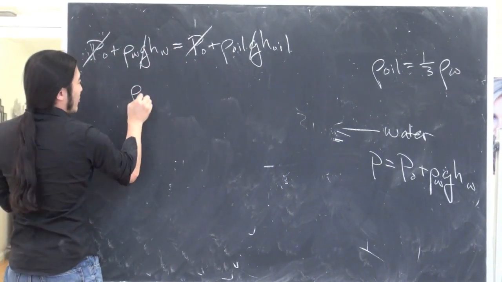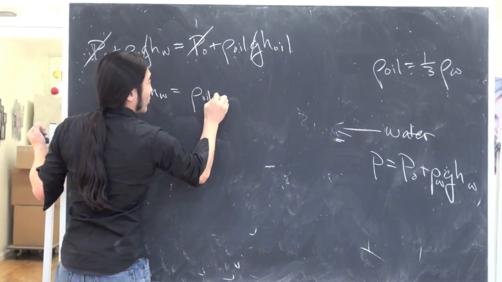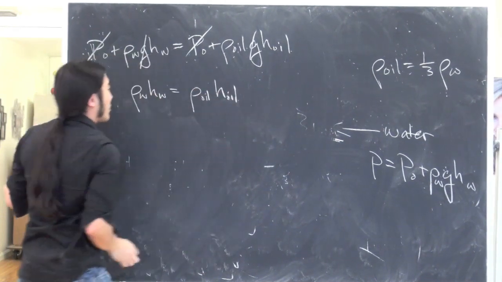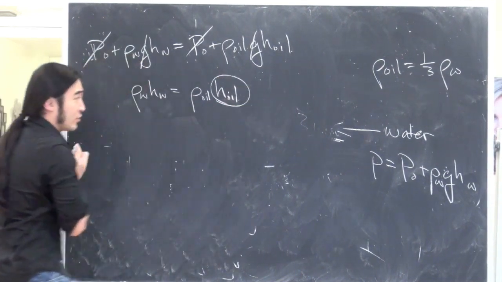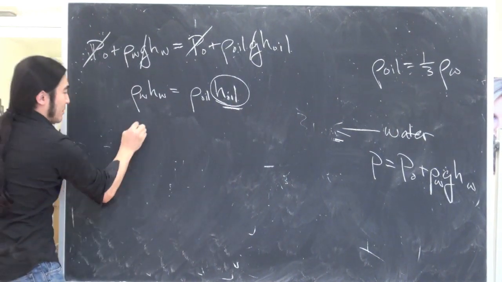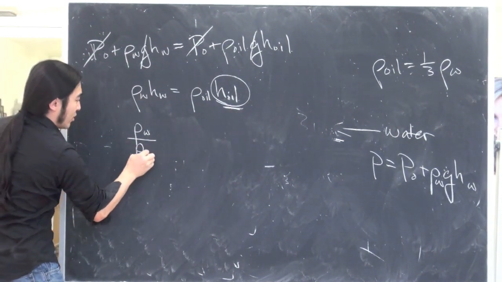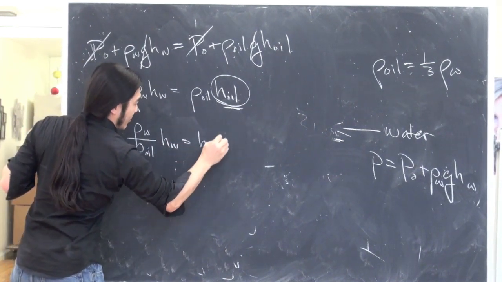Now we have rho of the water times height of the water is equal to rho of the oil times height of the oil. Okay, no big deal. We're trying to solve for height of the oil, right? So let's write this up. It's rho of the water over rho of the oil times height of the water is height of the oil.